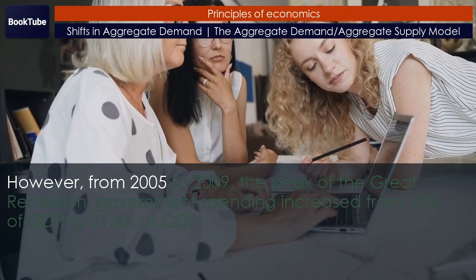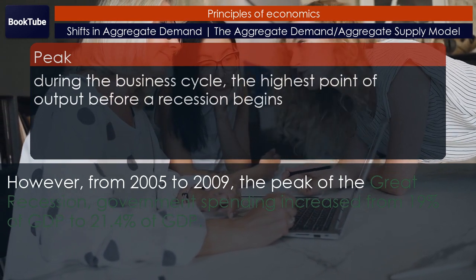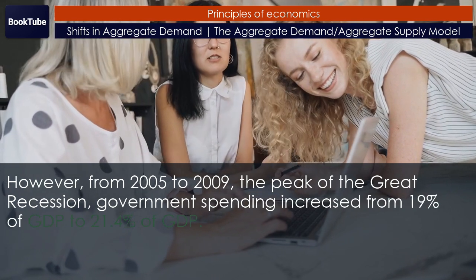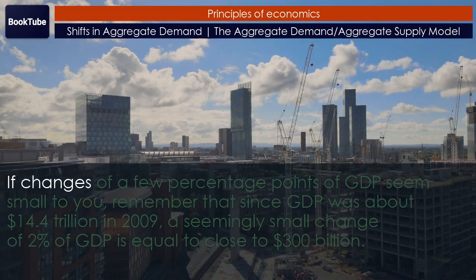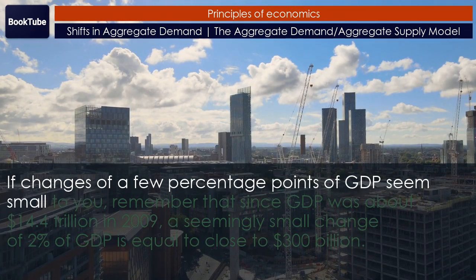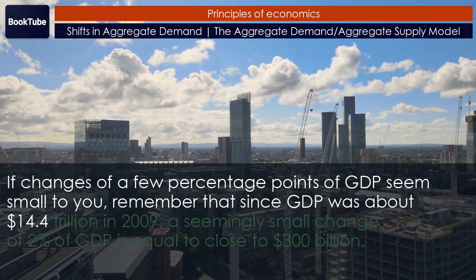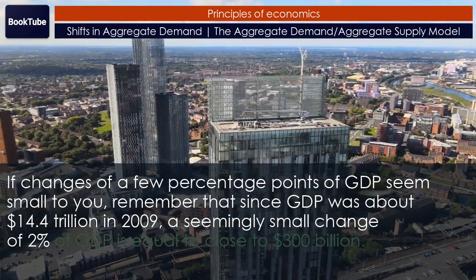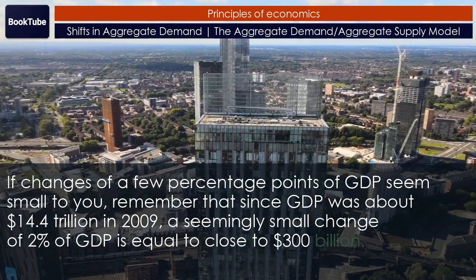However, from 2005 to 2009, the peak of the Great Recession, government spending increased from 19% of GDP to 21.4% of GDP. If changes of a few percentage points of GDP seem small to you, remember that since GDP was about $14.4 trillion in 2009, a seemingly small change of 2% of GDP is equal to close to $300 billion.